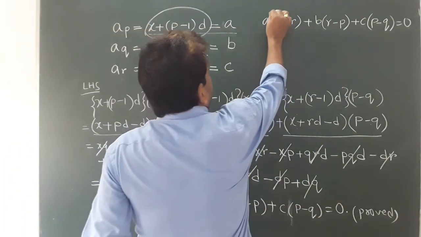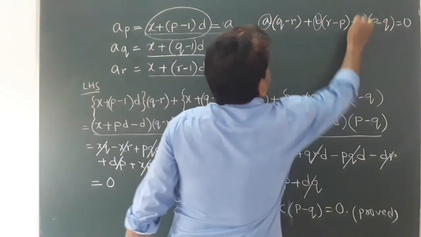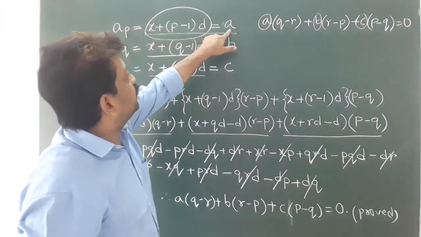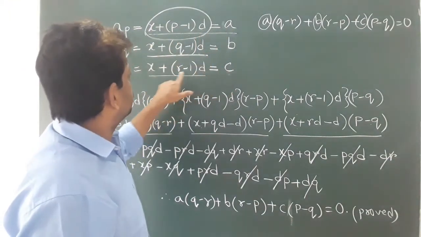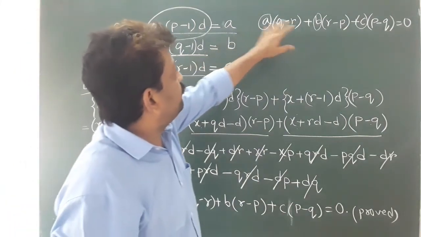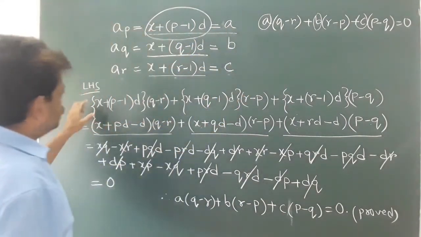So I have substituted the values of a, b and c from here. The value of a is this one, value of b is this one, and value of c is this one. So I have replaced a, b, c and put their values there. So this is the form I have got.